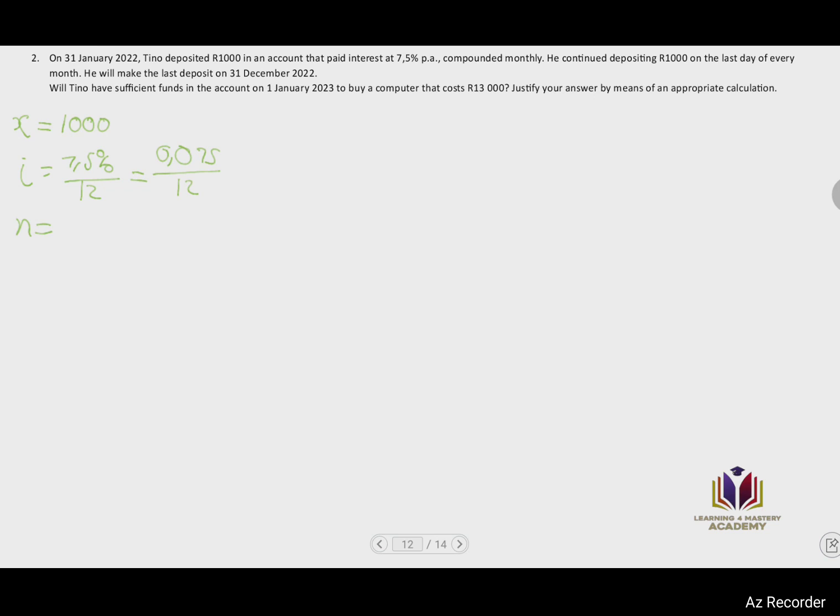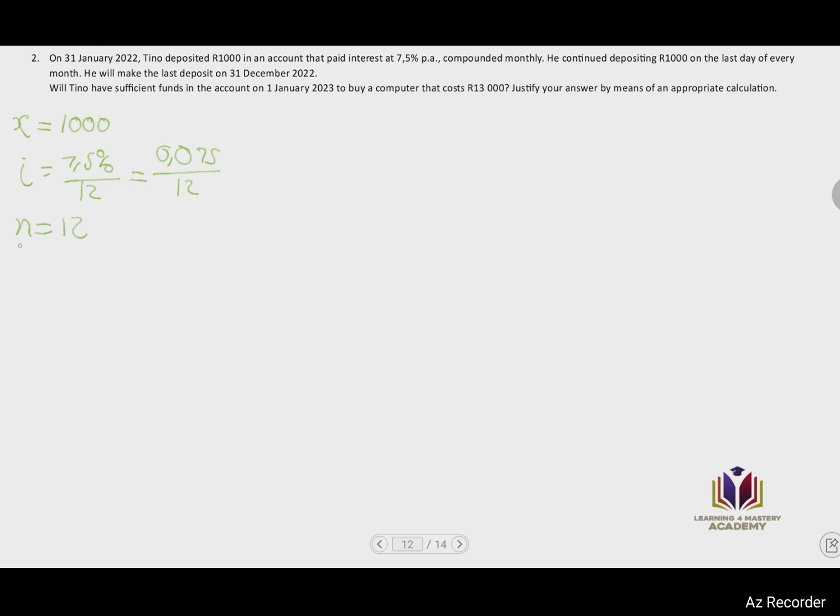And they said he deposited on the last day of every month, meaning from 31st Jan to 31st December, this guy has been constantly depositing 1,000 into this particular account. Then we just have to count how many months that is. It's going to be 12 months, right? You put your 12 there.